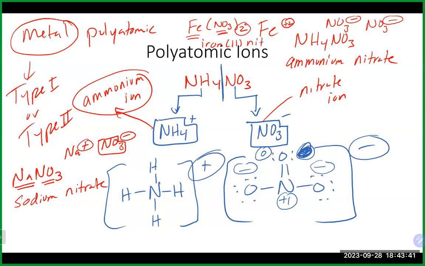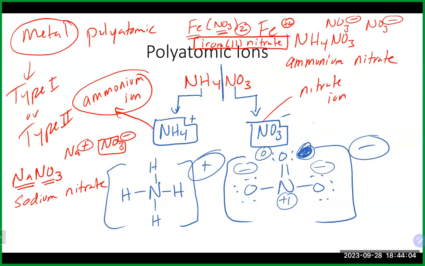And again, just nitrate at the end. So I will say probably most of the time it's going to be a metal and a polyatomic ion coming together. And again, you basically just fall back to the metal rules there of type 1, type 2, Roman numeral or not Roman numeral. First off, any questions on that?